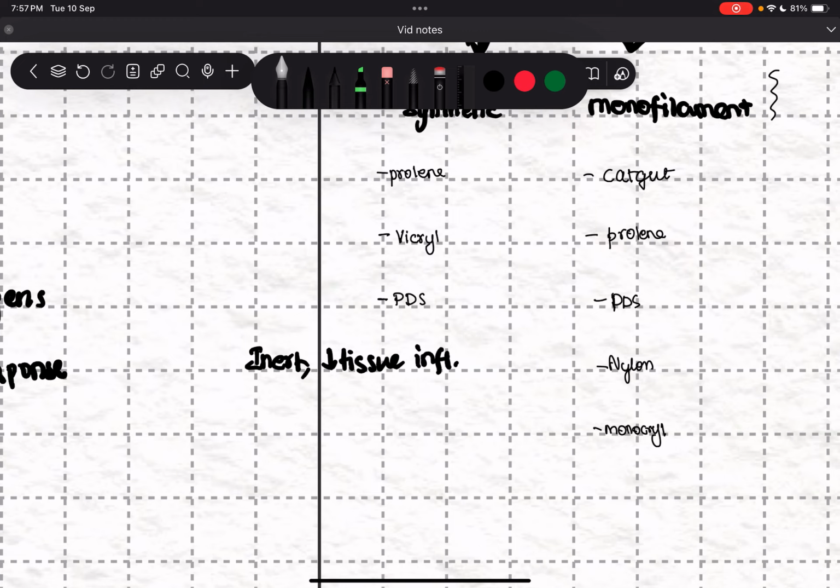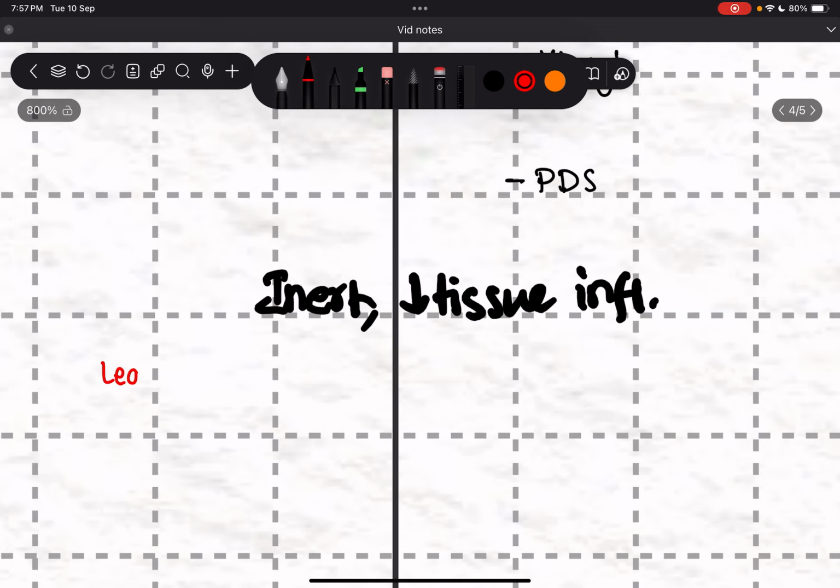And the most inert is synthetic non-absorbable suture. It is the most inert. It has got the least inflammation. Least inflammation is seen in synthetic non-absorbable suture.